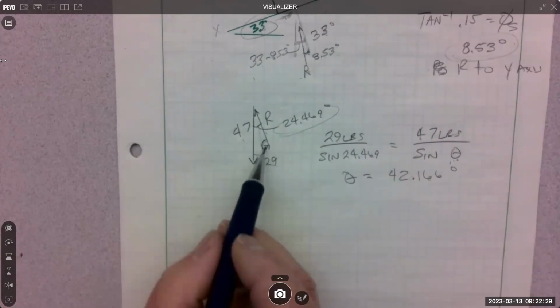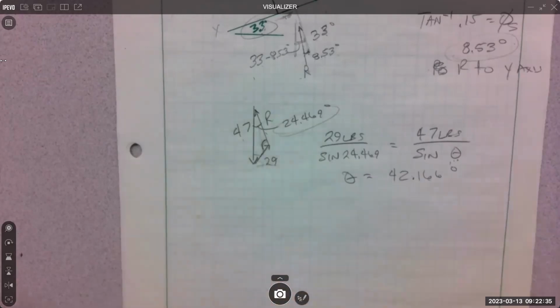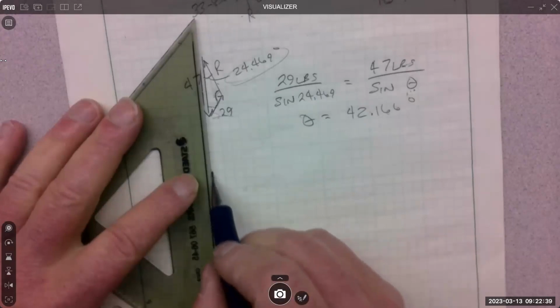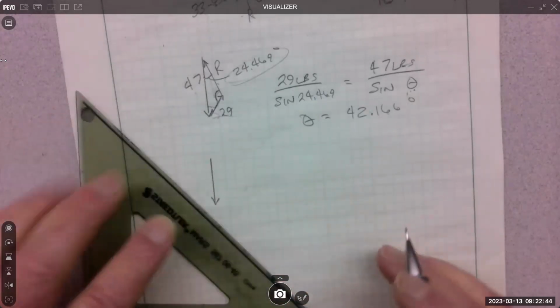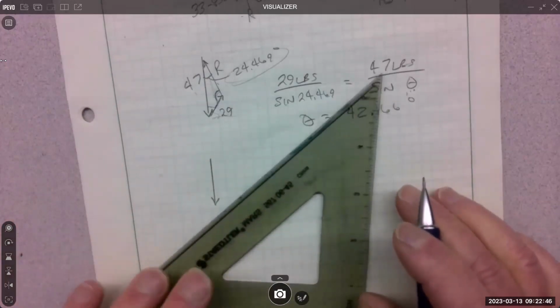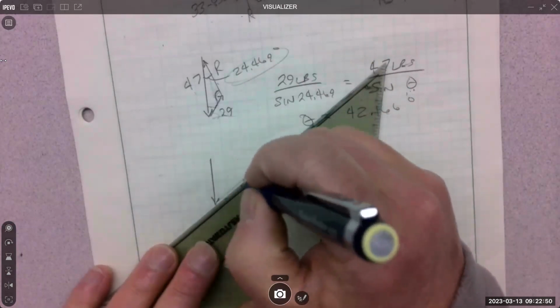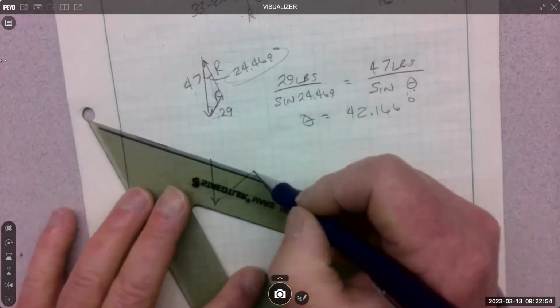So that means I have this graphically drawn very badly. It's not like this. All you can do is draw it that first time and then calculate stuff. But if this and this are going to be a super small angle, then this has got to be up in here somewhere.